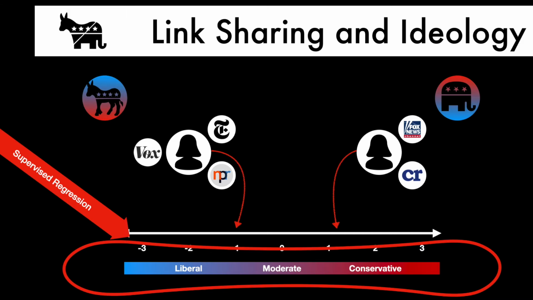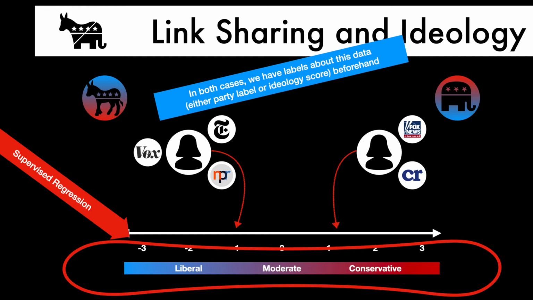Here in this case, the more negative that number, the more liberal the person, the more positive that number, the more conservative this person appears. In both cases, though, we have data about this ideology. We either have party affiliation data, or we have some idea about ideology scores, where we know something about these people are more conservative than these people, and we're trying to recover that information.